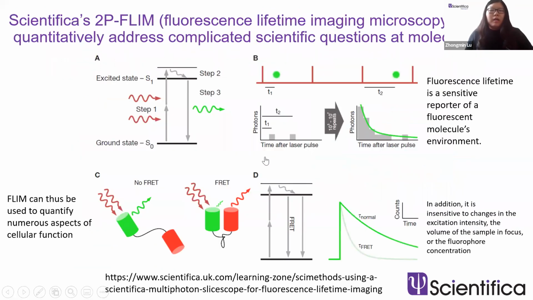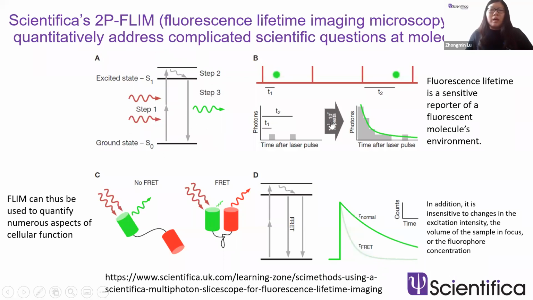Okay, let's switch gears to talk about another major application, that is 2-photon multiphoton fluorescence lifetime imaging microscopy, or FLIM. This is basically to show you the principles of FLIM. It is again 2-photon excitation.